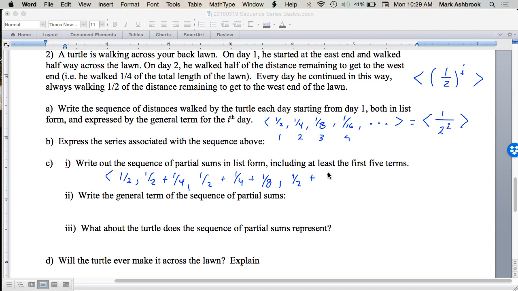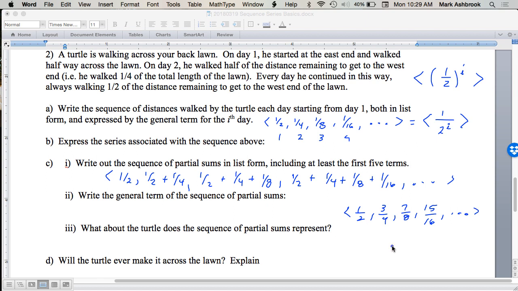Anyone got a formula for that? So in order to do that, we need to find what those all equal. So 1/2, 3/4, 7/8, 15/16. Is that right? Anyone come up with a formula for that sequence?